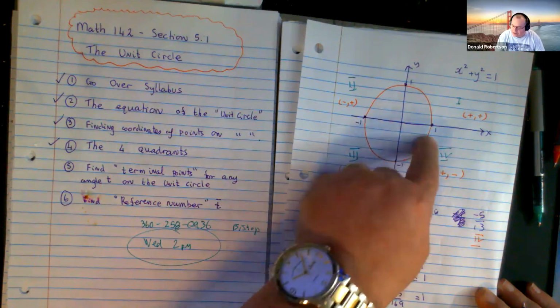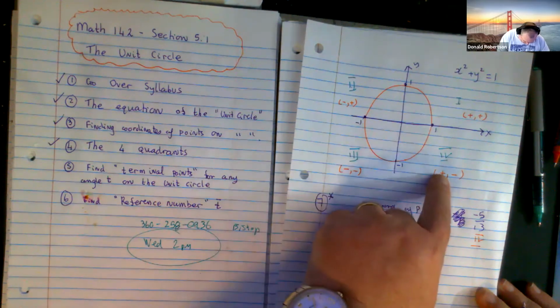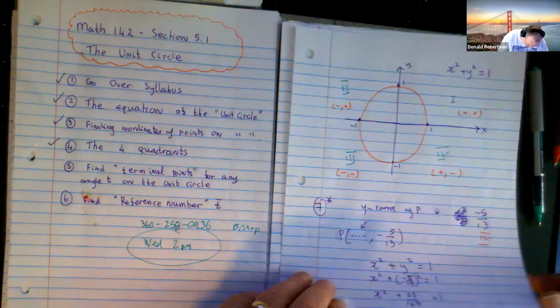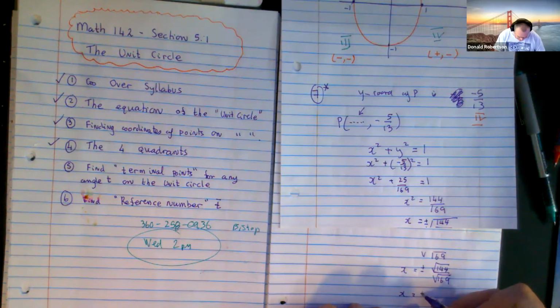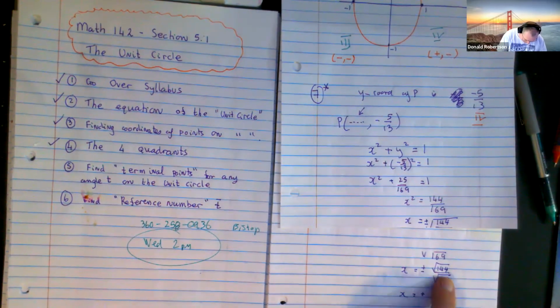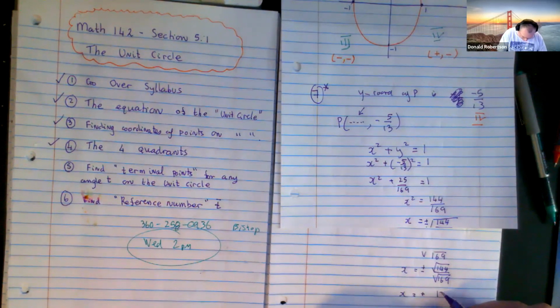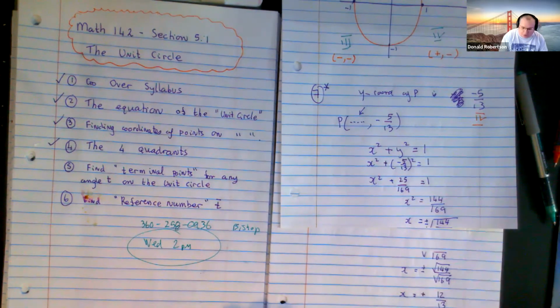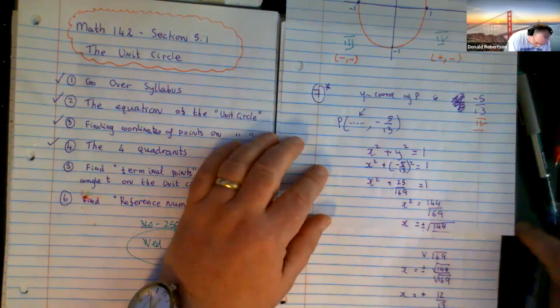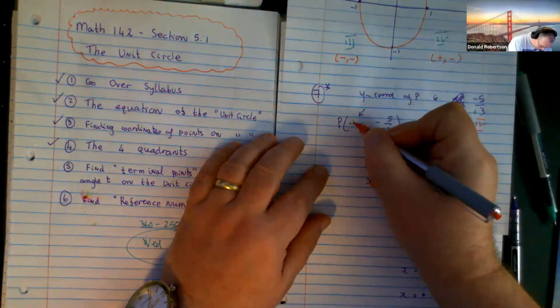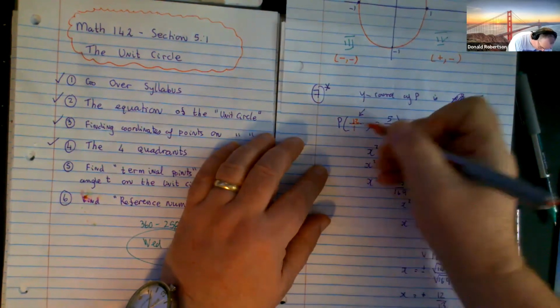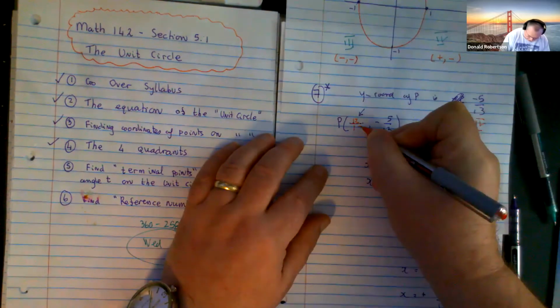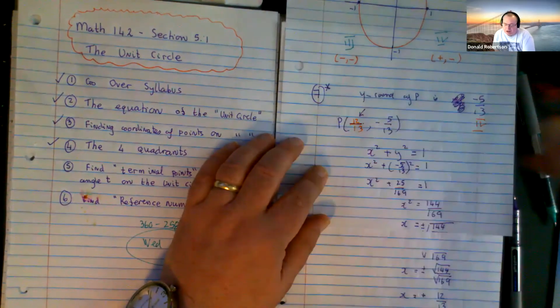Fourth quadrant, X is positive, which means that my answer is positive. And that guy is 12, and that guy in the bottom is 13, so we didn't even have an ugly answer. So the missing X coordinate is 12/13. How we go?